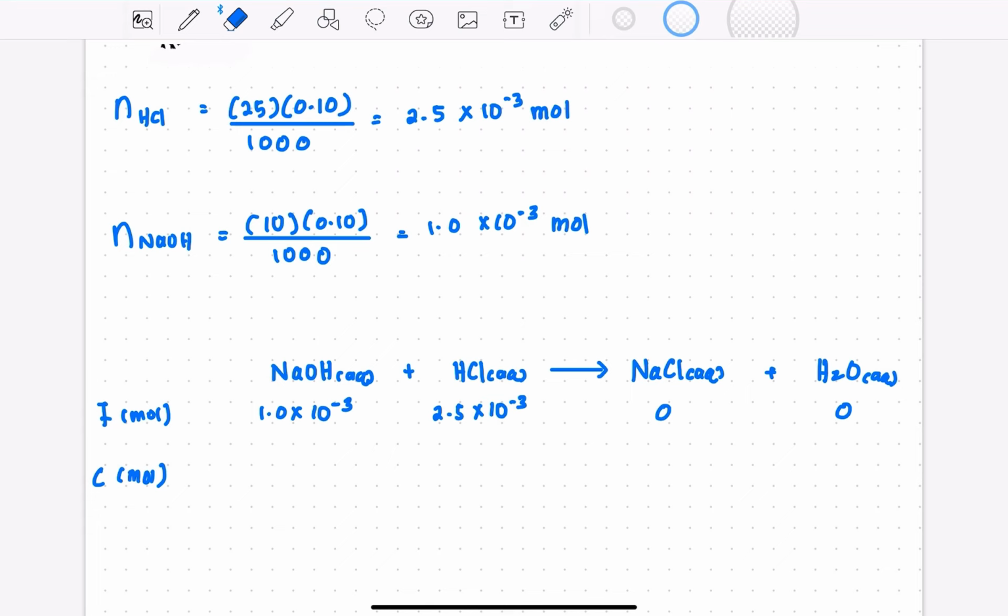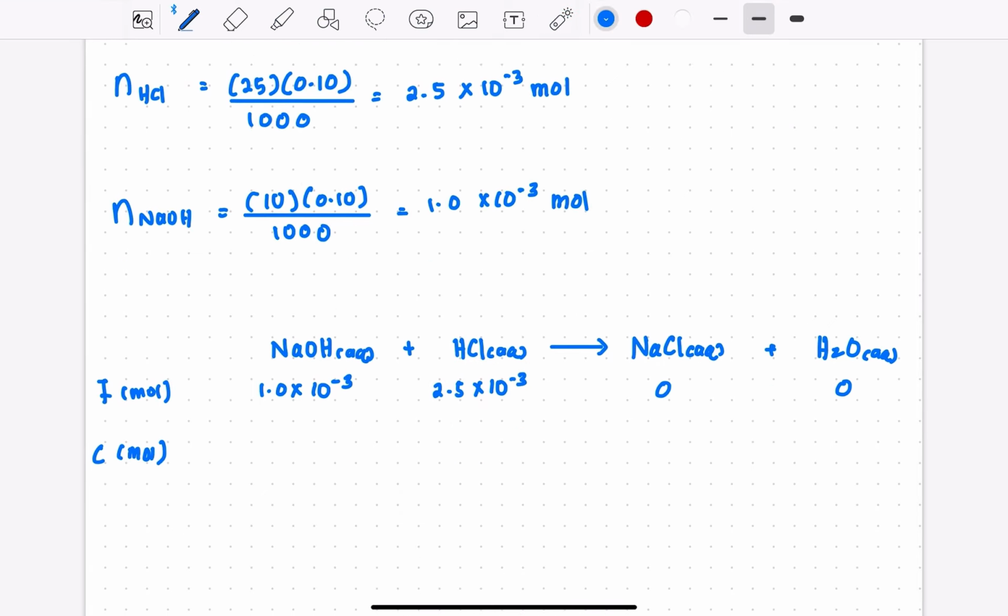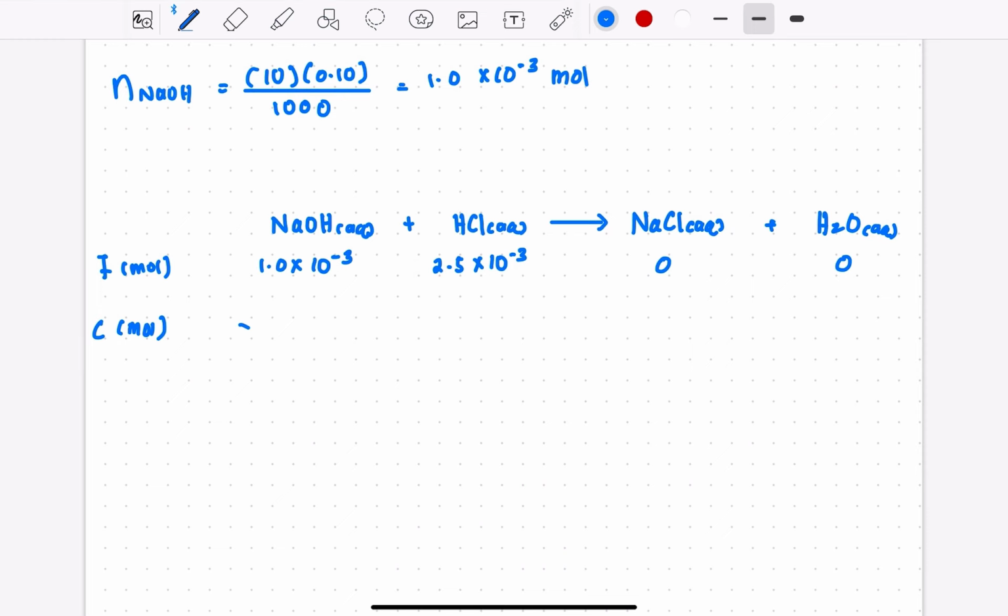So as you can see here, between sodium hydroxide and hydrochloric acid, the smallest mole involved is this, because it only has 1 exponent negative 3, and if you compare to the hydrochloric acid, it has 2.5. So the one that will finish first is the sodium hydroxide. So this will be the changes. So here as well.